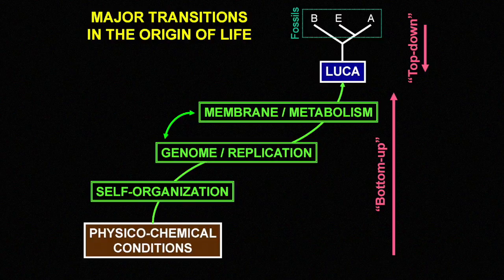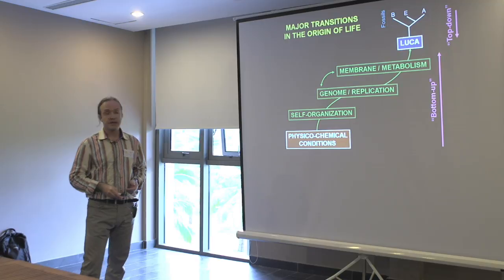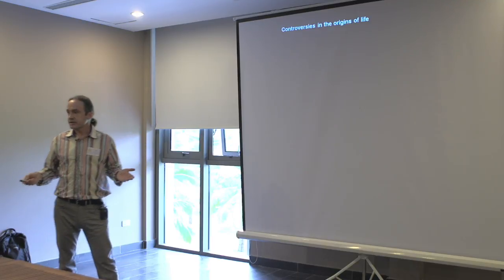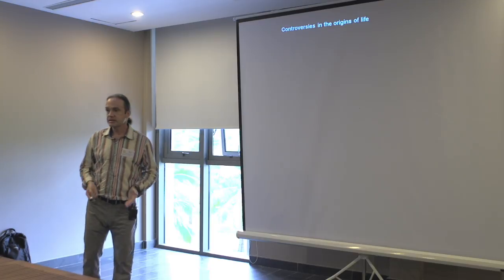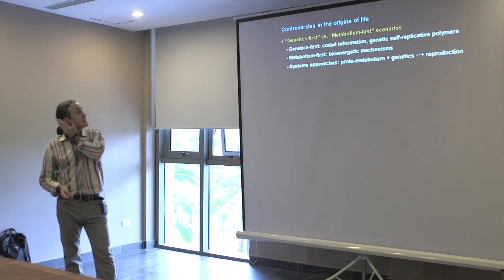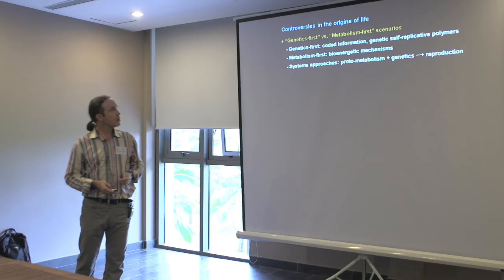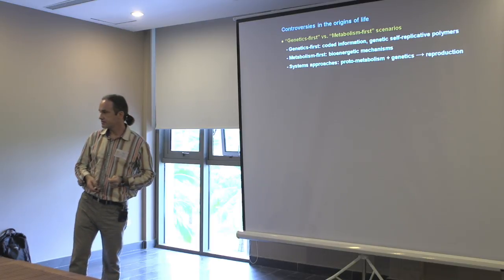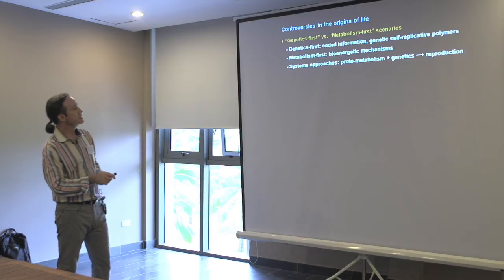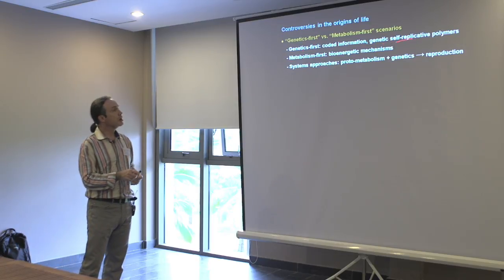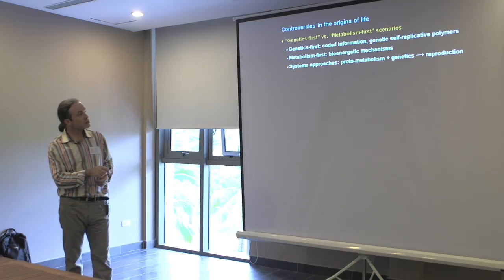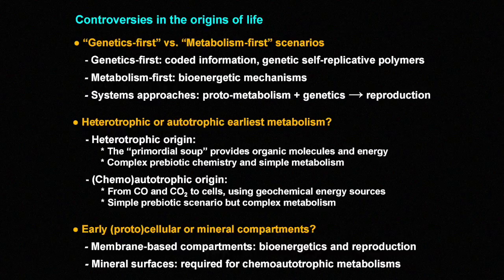For that we have, again, these bottom-up and top-down approaches, okay? And there are lots of controversies, of course. This is why this field is so exciting. The first controversy is genetic first or metabolism first scenarios. Okay, genetic first accounts for the origin of coded information and allows you to make schemes towards the genetic self-replicative polymers.